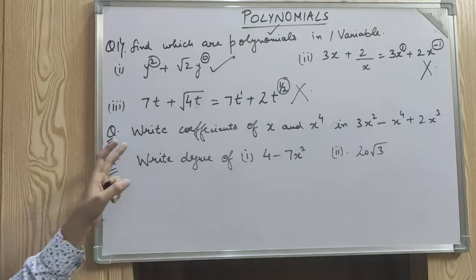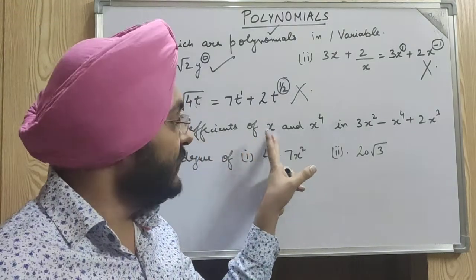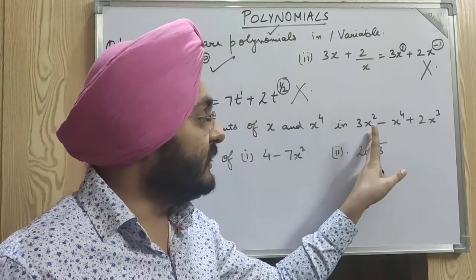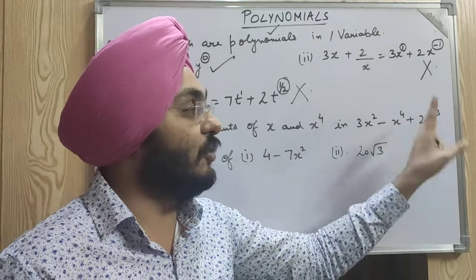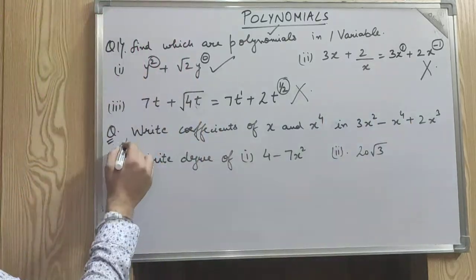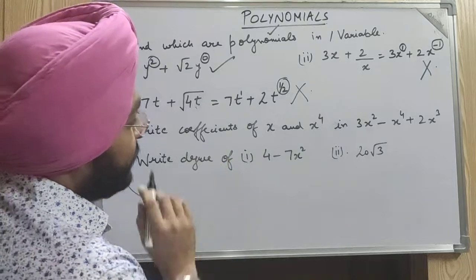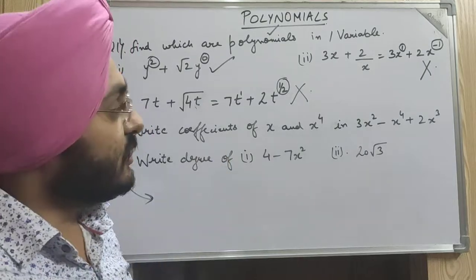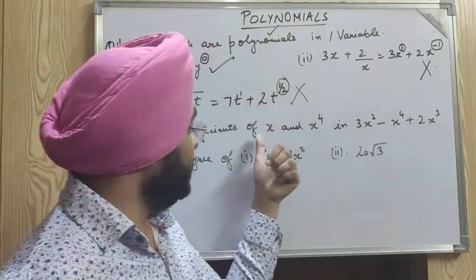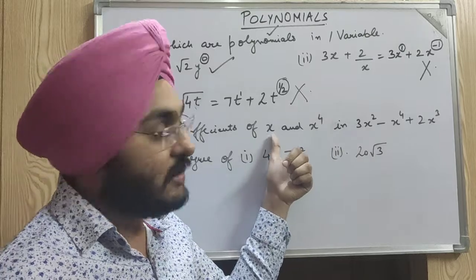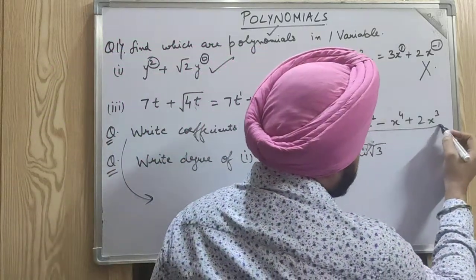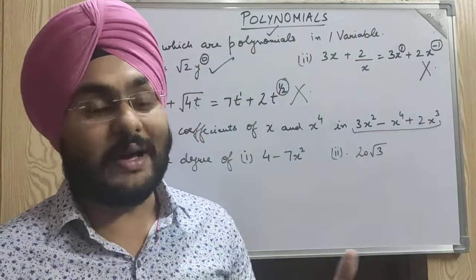Coming to the next, write coefficients of x and x raised to power 4 in 3x square minus x raised to power 4 plus 2x cube. I'll be solving this here. Okay, coefficients, what we have discussed. If I am talking about this x in this expression, where is x? No x is here.